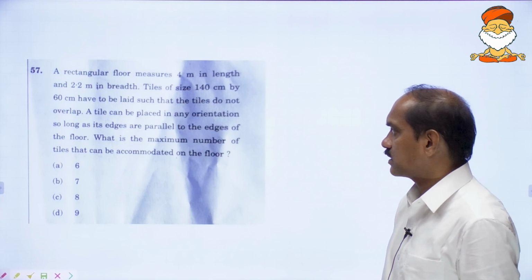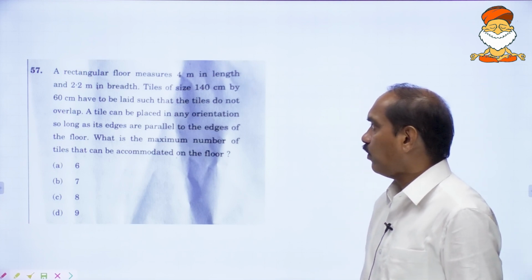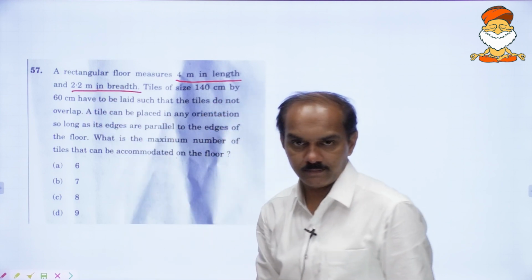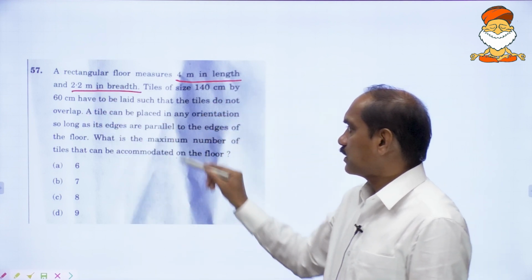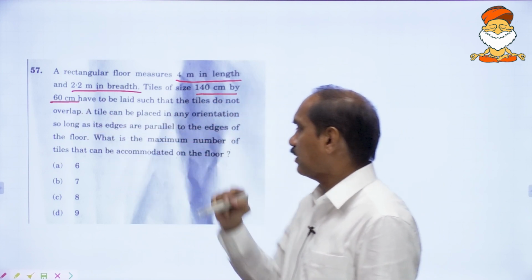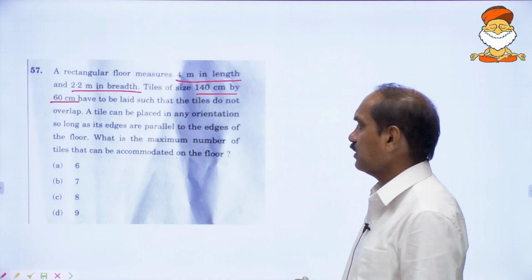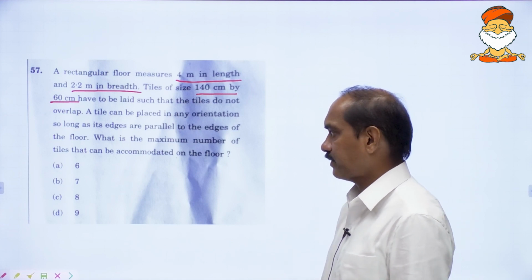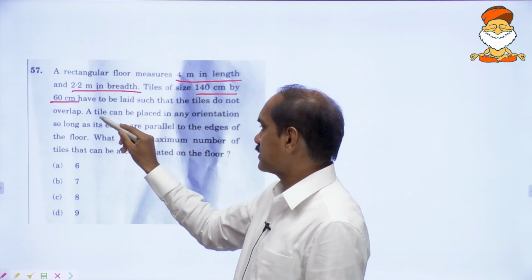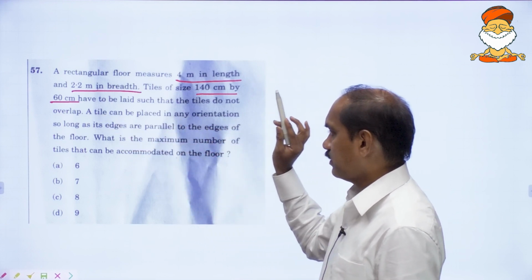Moving on to the next one. A rectangular floor measures 4 meter in length and 2.2 meter in breadth. Tiles of size 140 centimeter by 60 centimeter have to be laid such that the tiles do not overlap. A tile can be placed in any orientation.